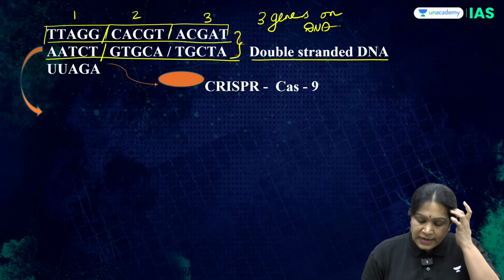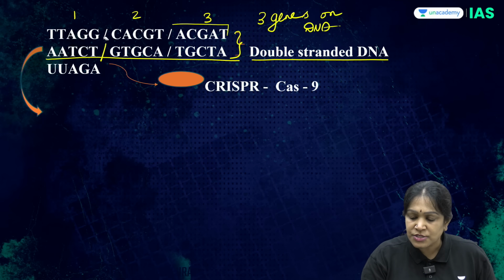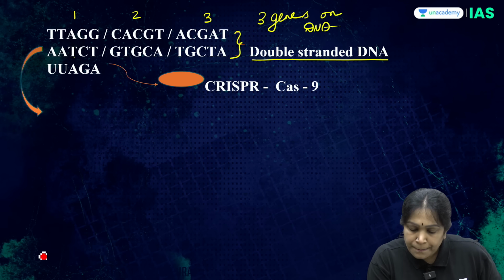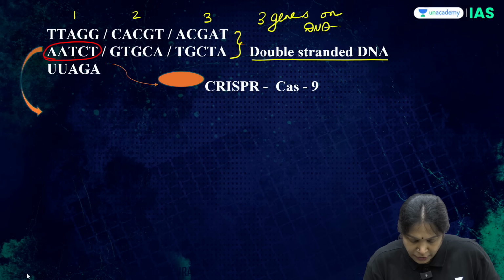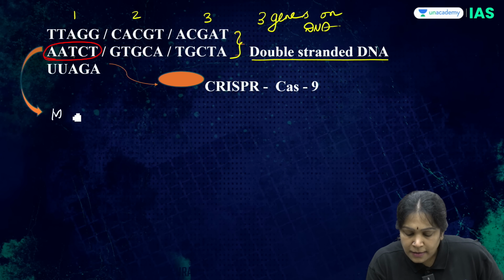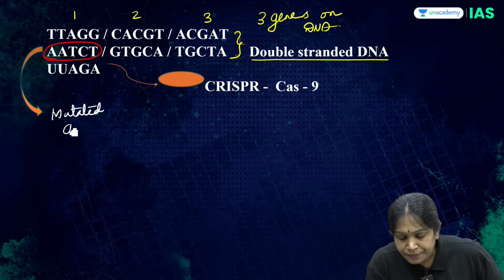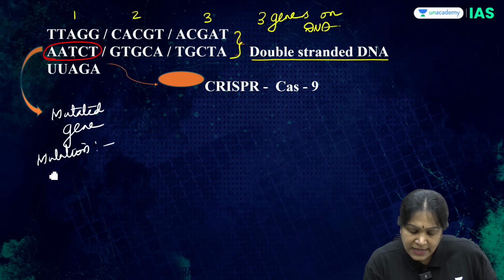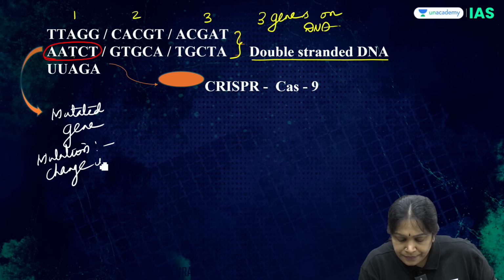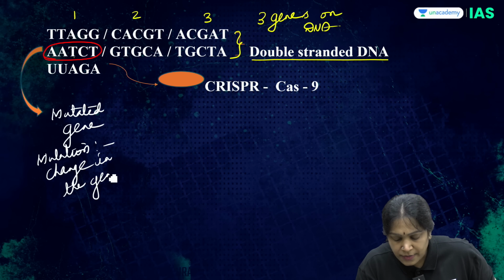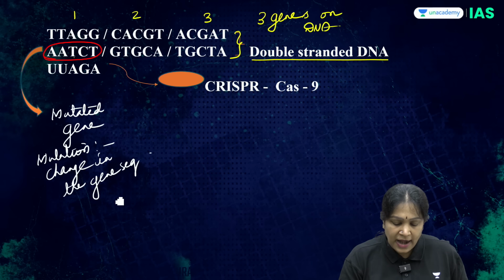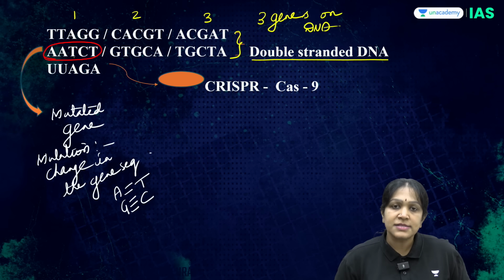Then let us suppose the first gene, if you observe here, is a mutated gene. Mutation means a change in the gene sequence. In general, in our DNA, adenine will always pair with thymine and guanine will always pair with cytosine.